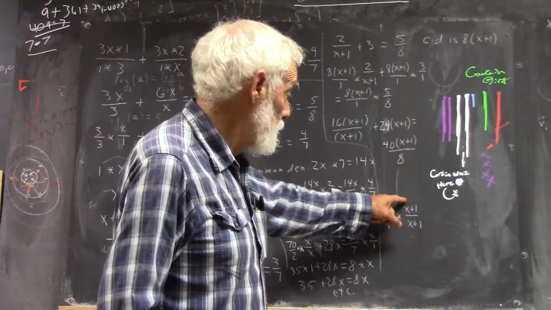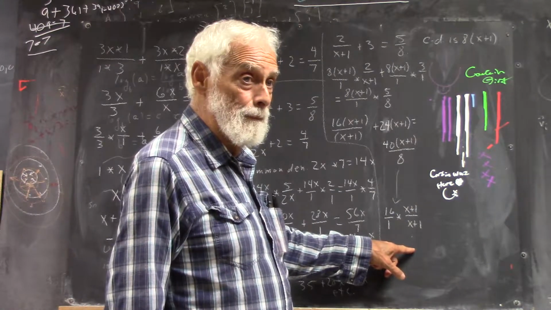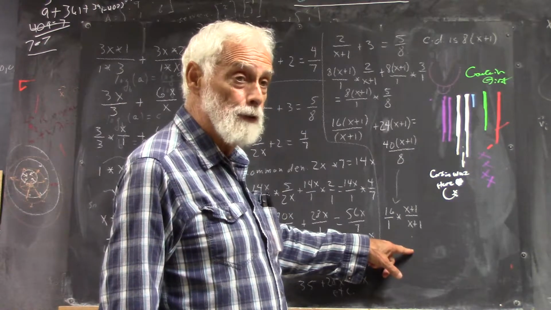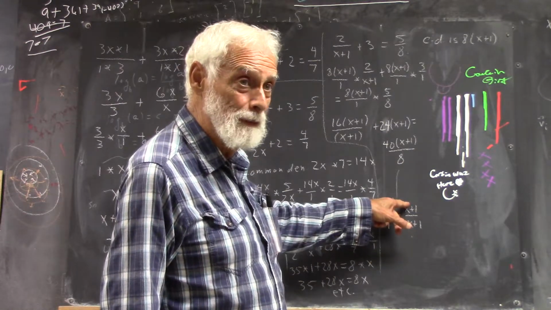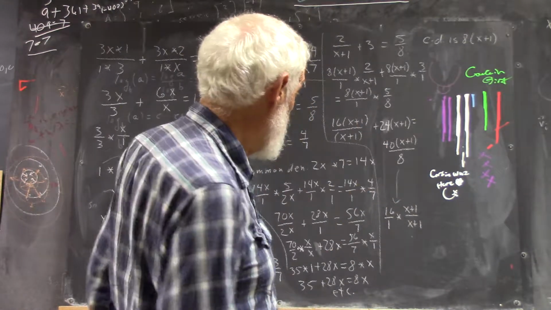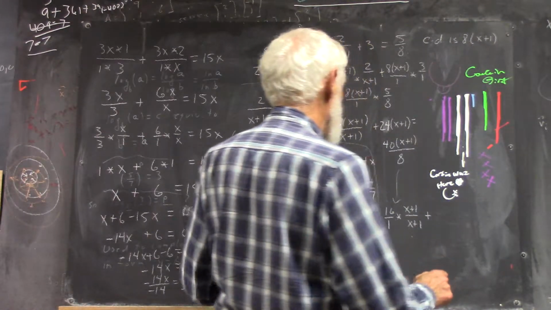And what's x plus 1 over x plus 1? Well, any number you divide by itself is 1. How many x plus 1s does it take to make x plus 1? 1 of them. Okay? That's how you really want to think about division, instead of as a button you punch in a calculator.